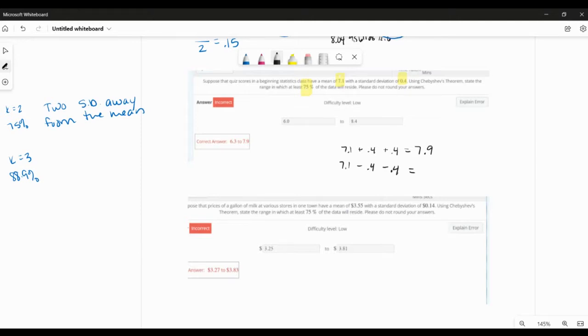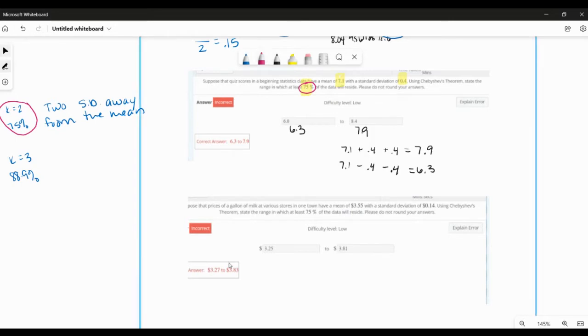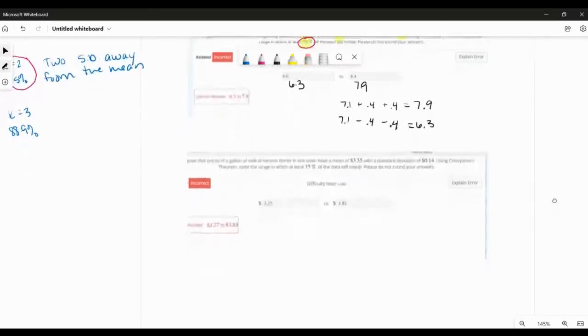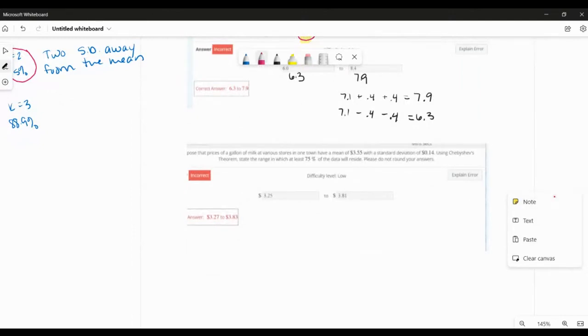Oh, excuse me, 7.1, and I get 6.3, sorry. Okay, so that'll be my range, 6.3 to 7.9. I just need to be 2 standard deviations away because 75% is associated with being 2 standard deviations away from the mean, okay?